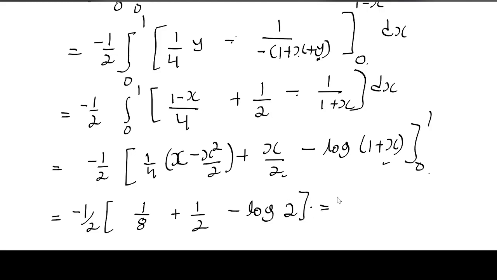Now if you simplify, this is equal to minus 1 by 2 into (5 by 8 minus log 2). This is the final evaluated answer for the triple integral we have considered.